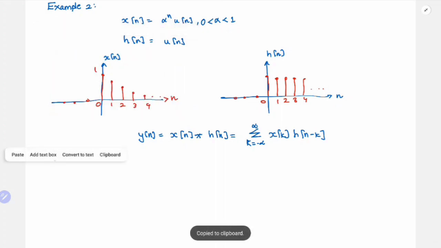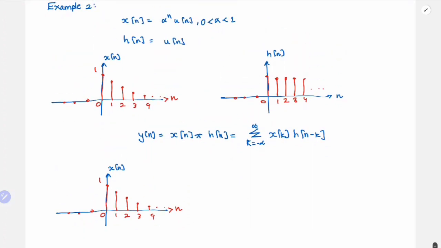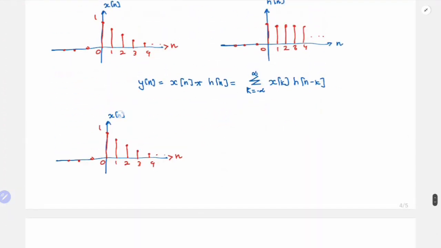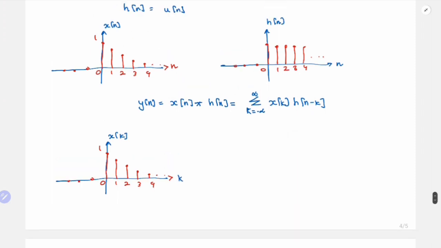Only the variable will change to k. What happens to my h of n minus k? I have to reflect this about the y-axis and then shift it by n units to the right. So how will it look like? So it's having a right tail now, it will come to a left tail. So I'll be having something like this.